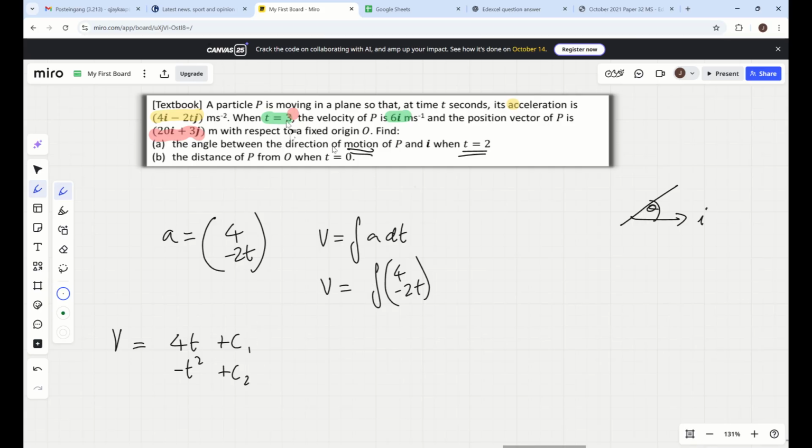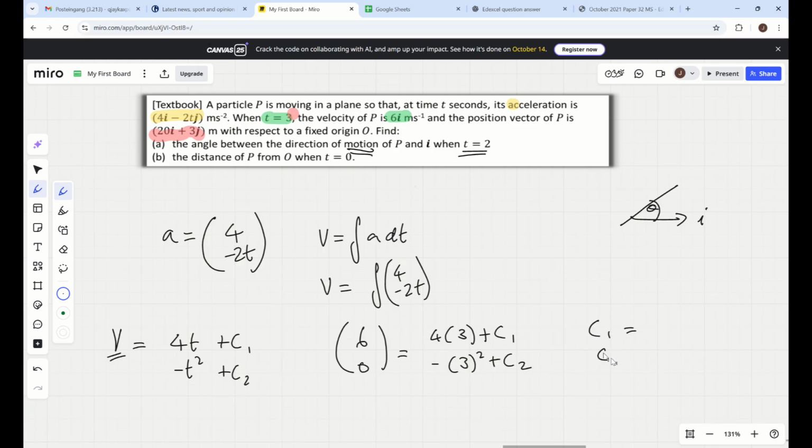Our information was that green one, wasn't it? So the velocity is 6, 0. If there's no j, it means there's a 0. So 6, 0 should be equal to that when you make the t a 3. Okay, so a little bit like this.